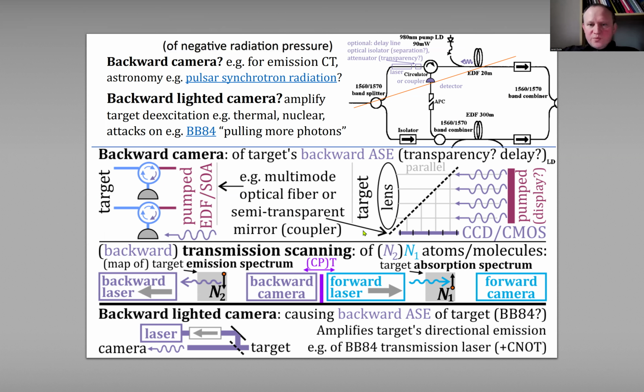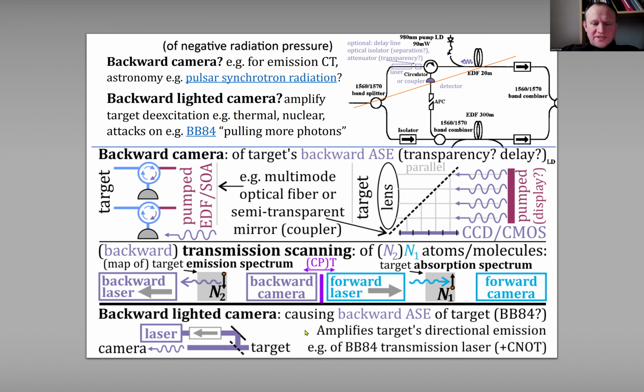So hopefully we could monitor how much this target pulls photons from our excited target, for this active sensor, you can say. This is a more practical, hopefully, realization of this backward camera, focused on the negative radiation pressure from the target.